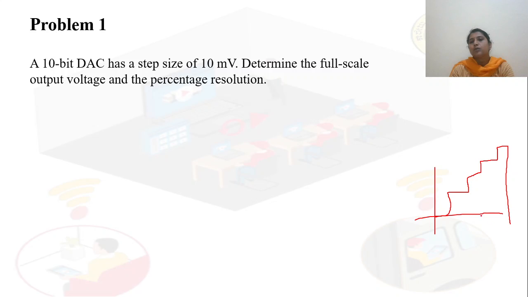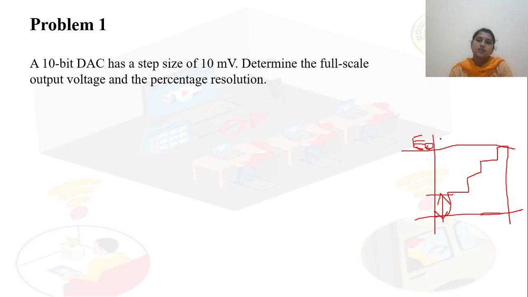So this is the output of the DAC. This is the step size, a single step size. The total number of steps multiplied by step size is nothing but the full scale output voltage.